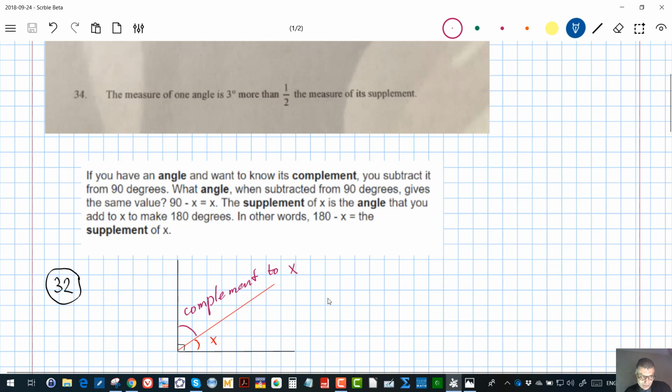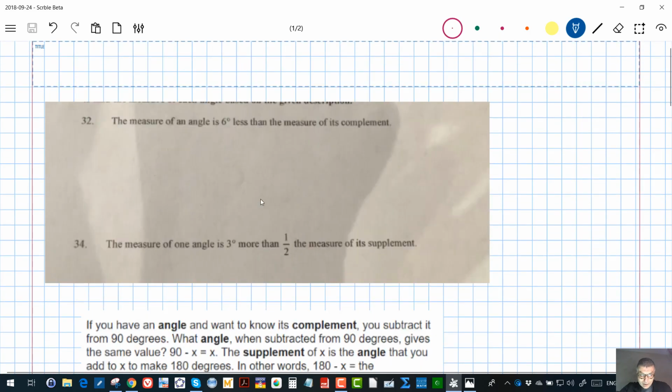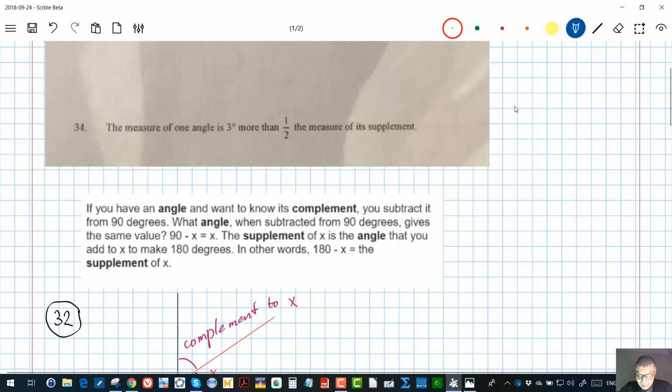The sum is 90 degrees. So we know one more thing about this complement angle, that the measure of an angle x is 6 degrees less than the measure of its complement.